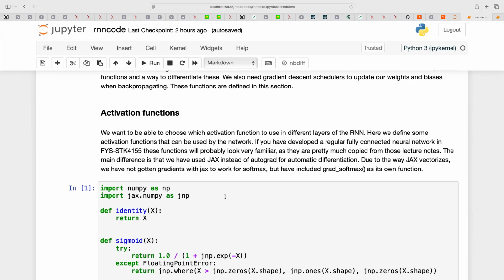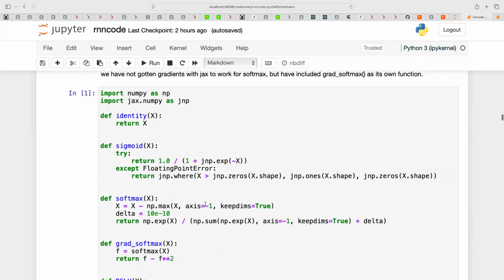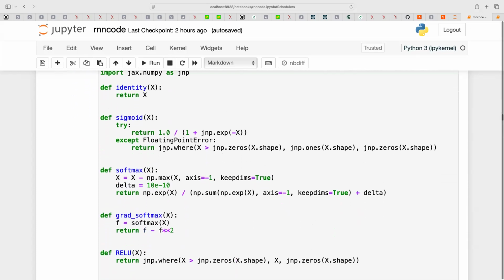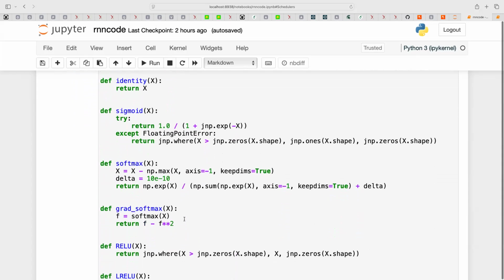The way JAX vectorizes the variables is something which we need to pay a little bit of attention to. But the activation functions which you see here are the same as those which we had in the CNN code, so you will recognize many of the ingredients from that code as well. Here are some of the standard ones, the sigmoid and the softmax.